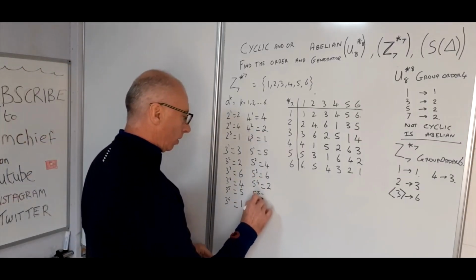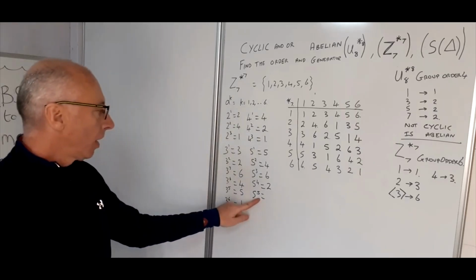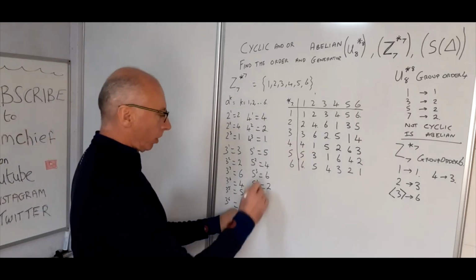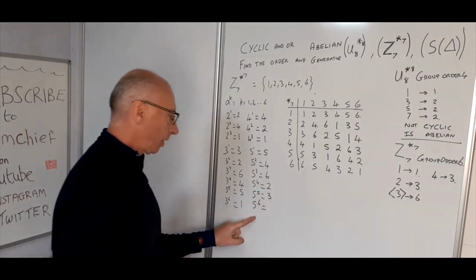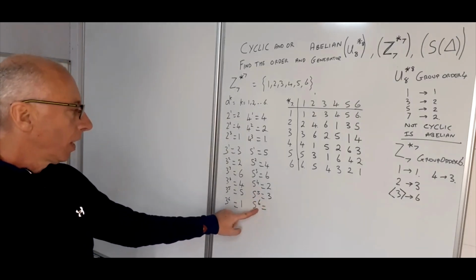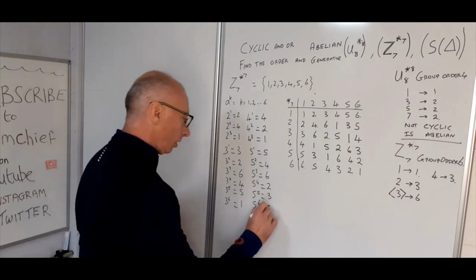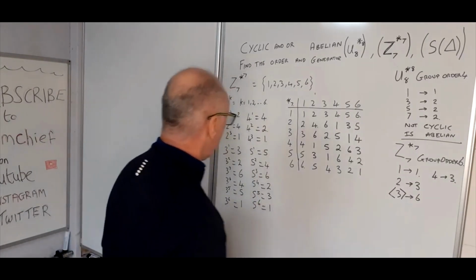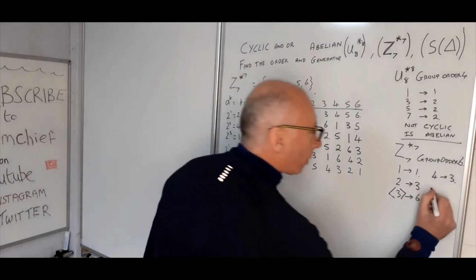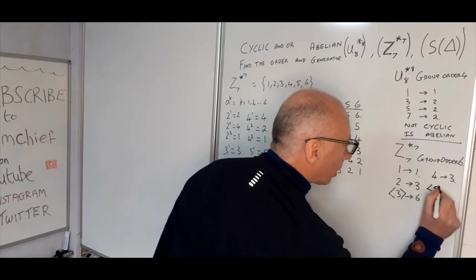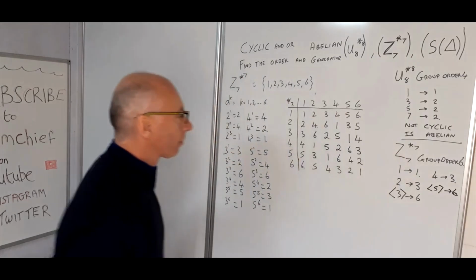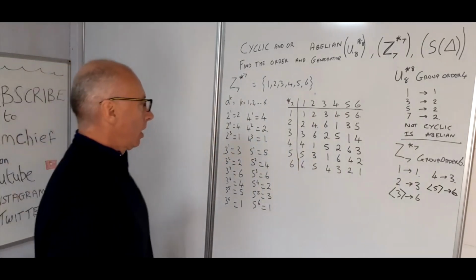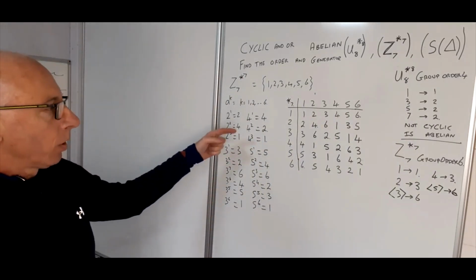So this is looking good now. 5 to the 5. 5 2s are 10. Modulus 7 is 3. And then 5 to the 6. Hopefully this is going to give us 1. 3 5s are 15. Modulus 7, that's 1. So we know that 5, we can put that in also as a generator because it's of order 6. And then 1 we already knew.